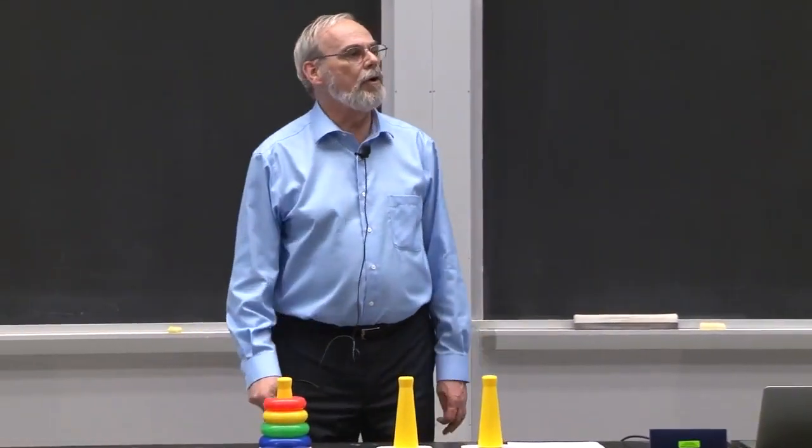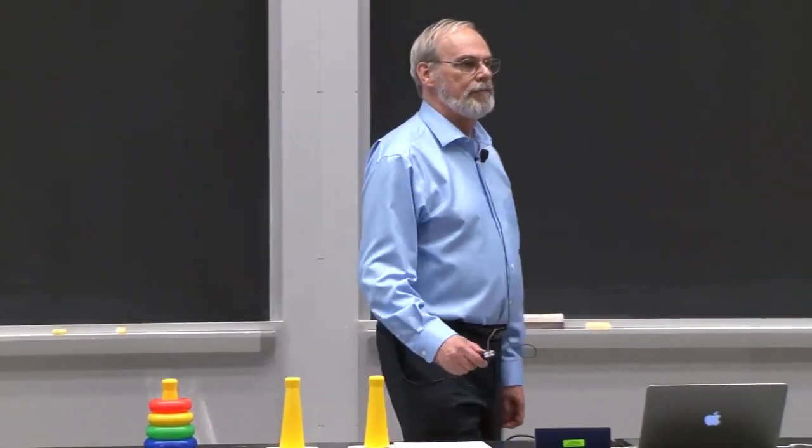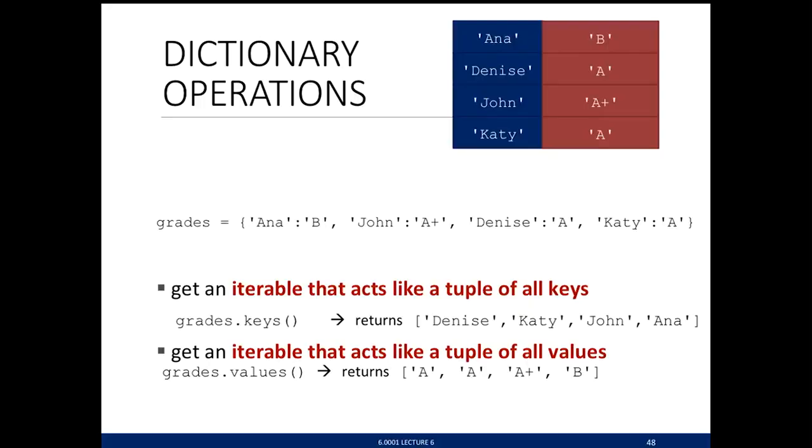I can ask for all of the keys in the dictionary. Notice the format. There's that dot notation. Grades is a dictionary. It says use the keys method associated with this data structure, dictionaries. Open close actually calls it, and it gives me back a collection of all the keys in some arbitrary order. We're going to use a funny term here, which I'm not certain we've seen so far.